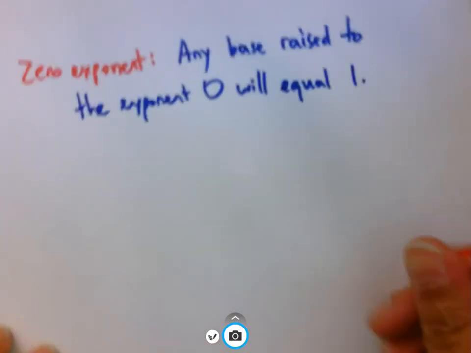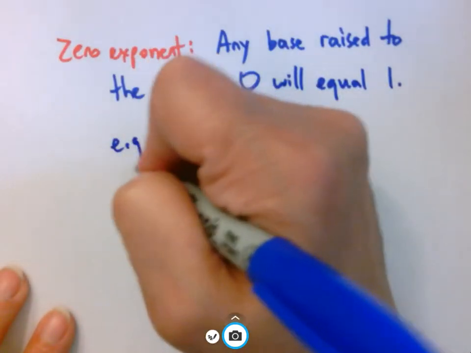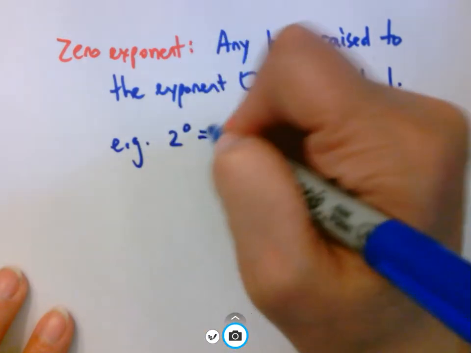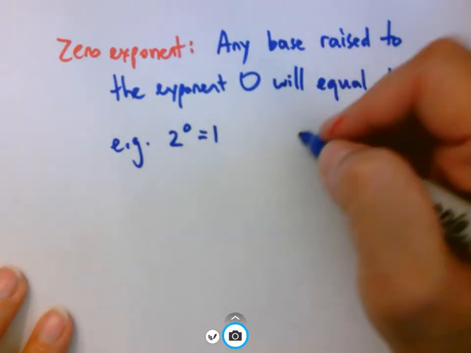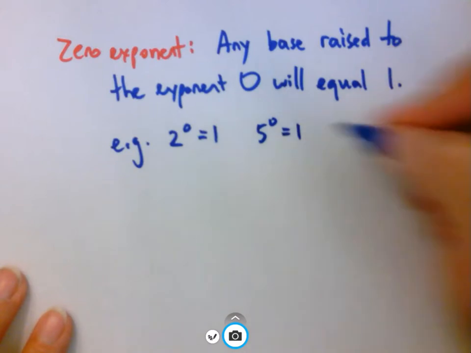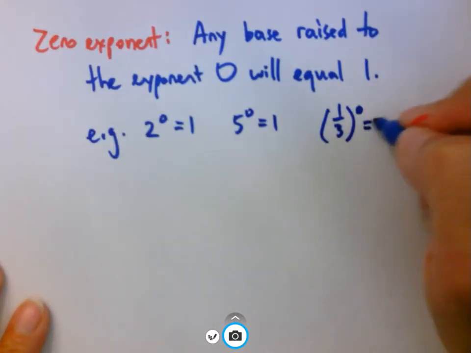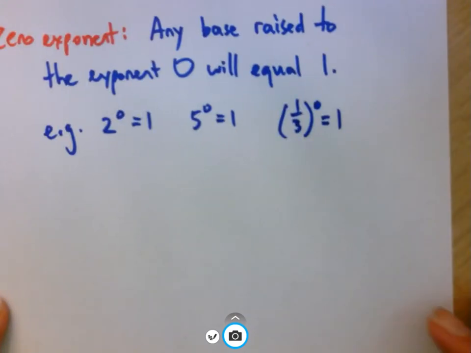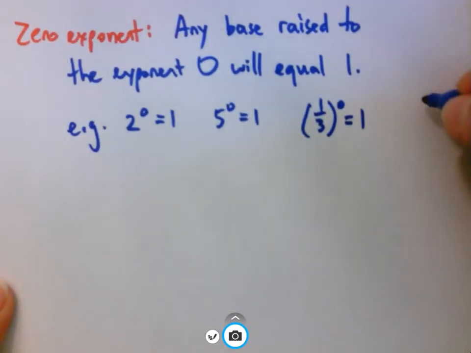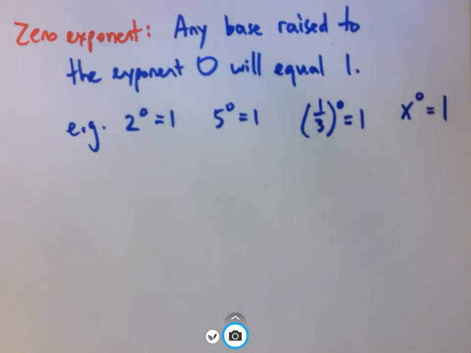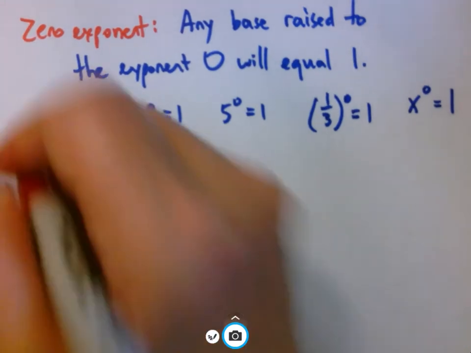For example, 2 to the 0 equals 1. 5 to the 0 equals 1. 1/3 to the 0 equals 1. Anything to the 0 equals 1. And even with variables, if I had x to the 0, it doesn't matter what x is, that equals 1. So that's the 0 exponent.